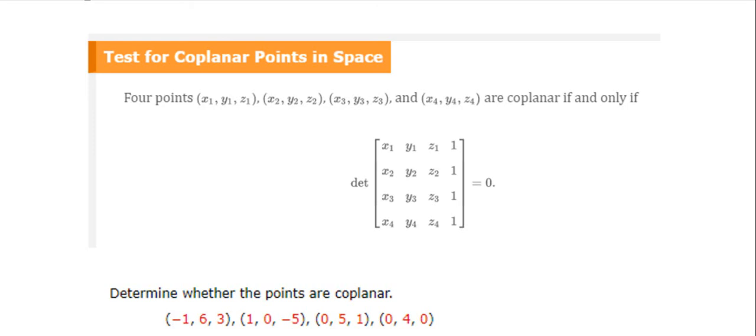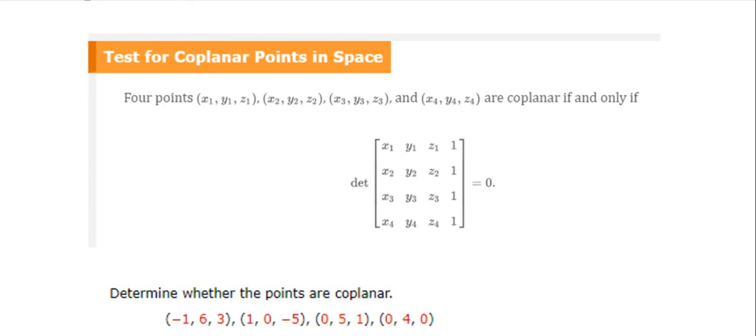Well, this formula for the determinant is very similar to the volume, just without the plus or minus and the 1/6. So that's pretty neat to know. So here, if you get 0, then we say that the points are in the same plane.